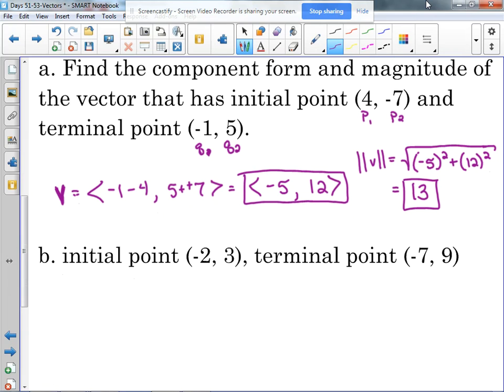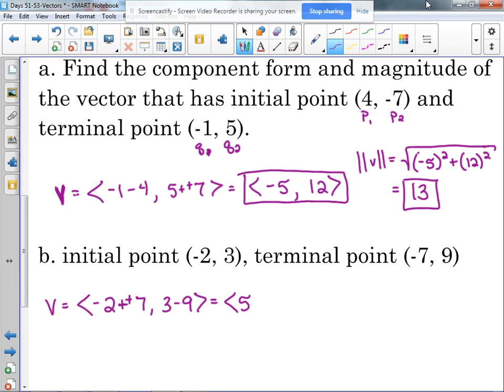Let's do another one. Initial point, -2, 3. Terminal point, -7, 9. So let's find the components. I'm going to just reverse the order to show you that it really doesn't matter. This time I'm going to do the one that's given first minus the one that's given second. So -2 minus a -7. Either way you subtract it, it's going to give you positive 5. Oh, no, wait.